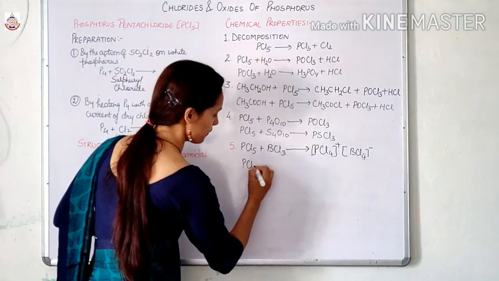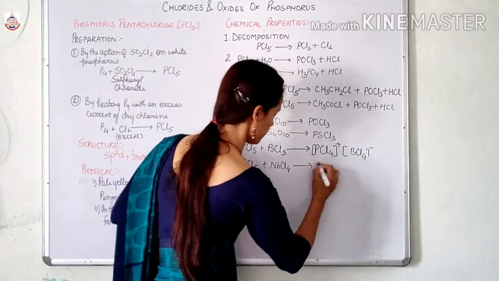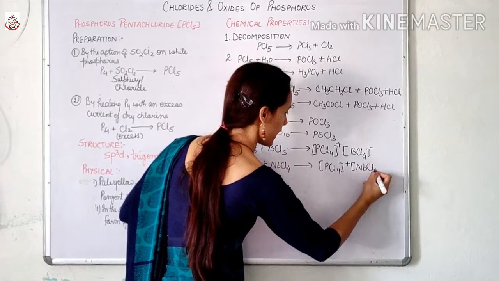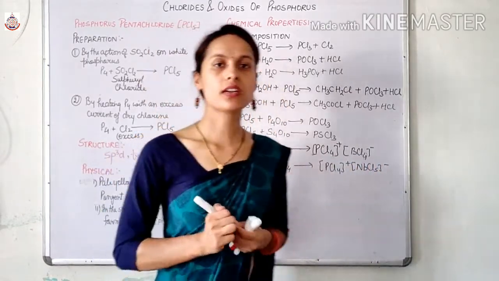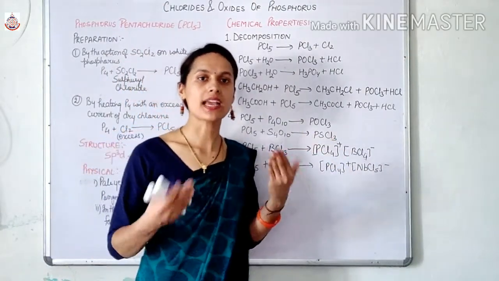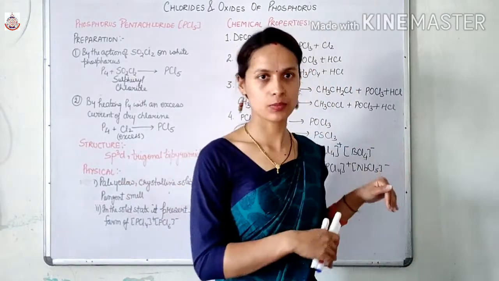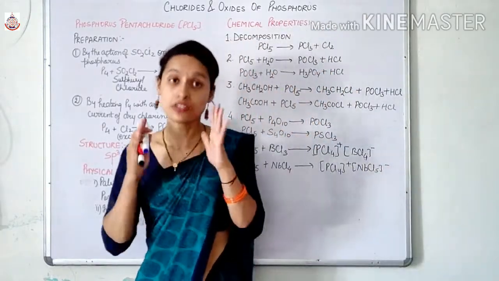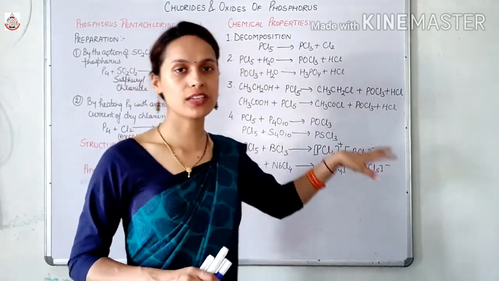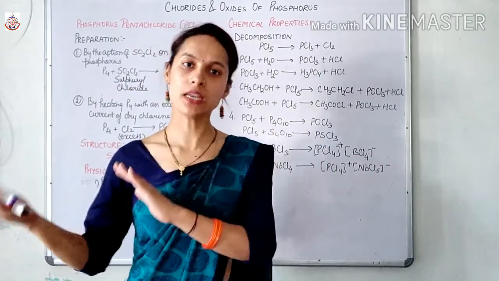Similarly, PCl5 reacts with niobium tetrachloride to form PCl4 positive and niobium pentachloride negative. So it reacts with compounds which have the tendency to accept chloride ion. PCl3 doesn't have this property. PCl5 has this property, that it reacts with chlorine accepting compounds to form the product.